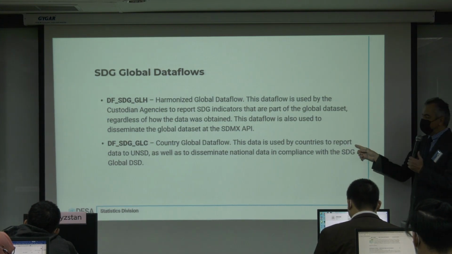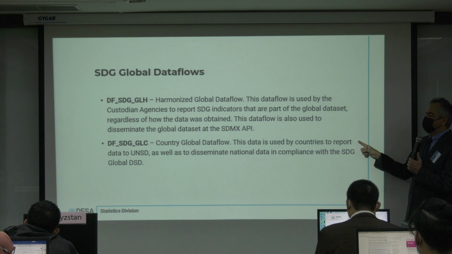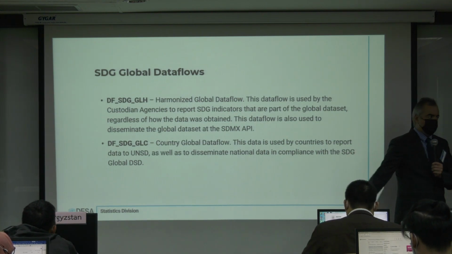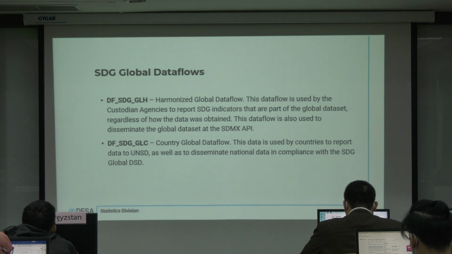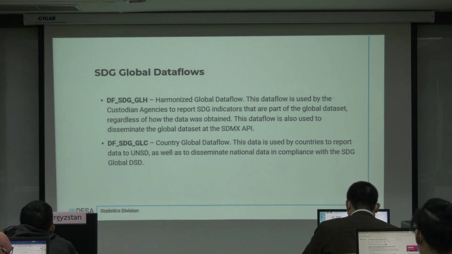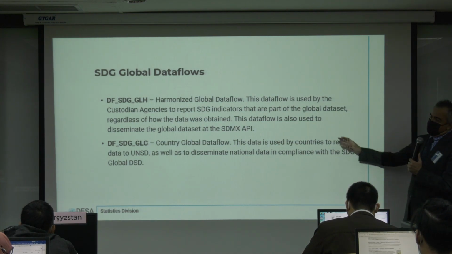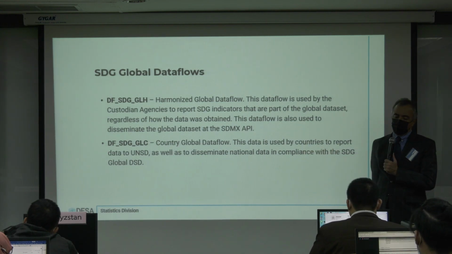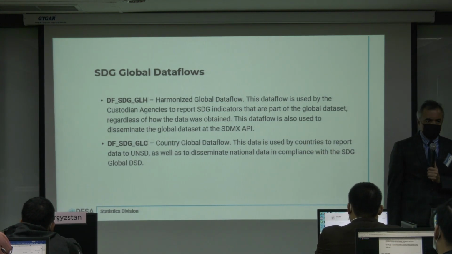The country global data flow is used by countries to report data to UNSD, not just to UNSD, also to ESCWA, maybe to the ADB and others. But the bottom line is that the harmonized global data flow is used to report global source data, the country global data flow is used to report national source data.